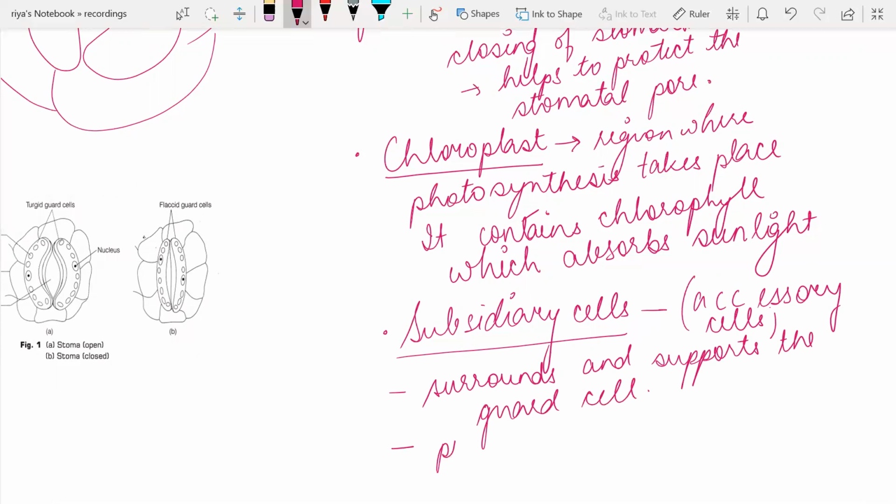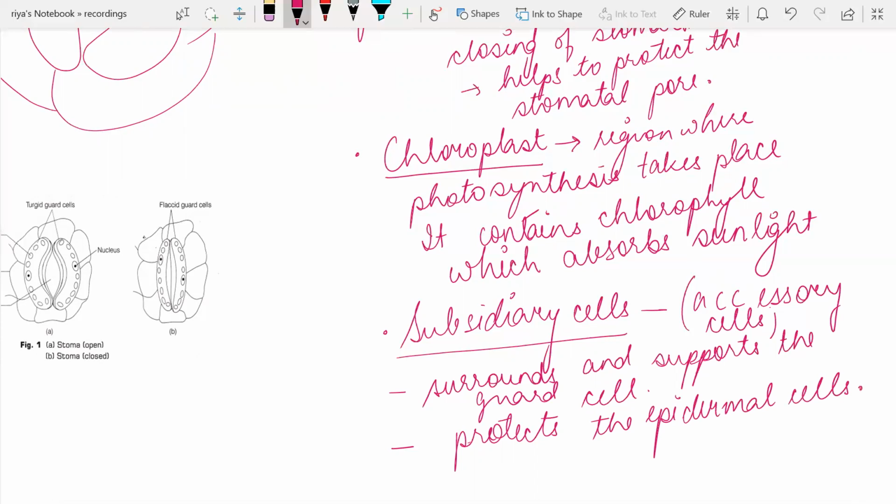They also protect the epidermal cells. Whatever the function of guard cells, the subsidiary cells assist the guard cell and support it, and they protect the epidermal tissues also when the guard cell swells. Now, these are the functions of the different parts of stomata.